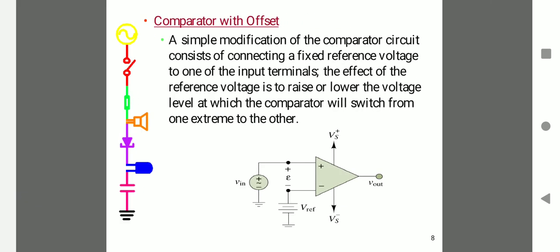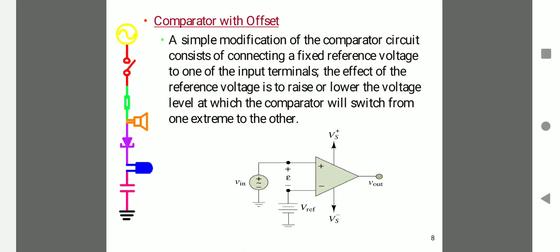Let us see the comparator with offset. Assume the inverting input voltage has a slight positive value. This will cause a negative value at the output, and the negative voltage is fed back to the non-inverting terminal.